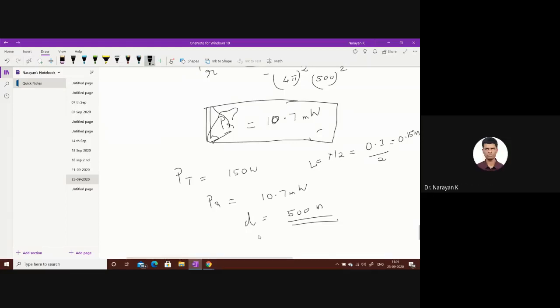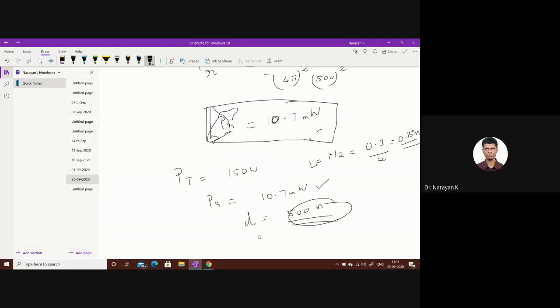So assume you are using a lambda by 2, that is your general antenna, 0.15 meters length. You are transmitting or radiating 150 watts of power using this antenna over a distance of half a kilometer. So how much power are you receiving? 10.7 milliwatts.